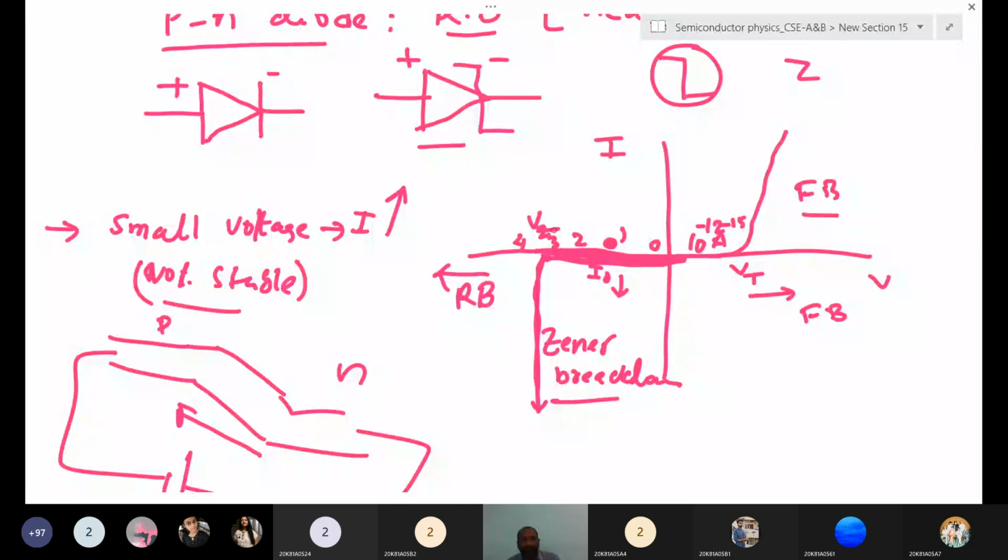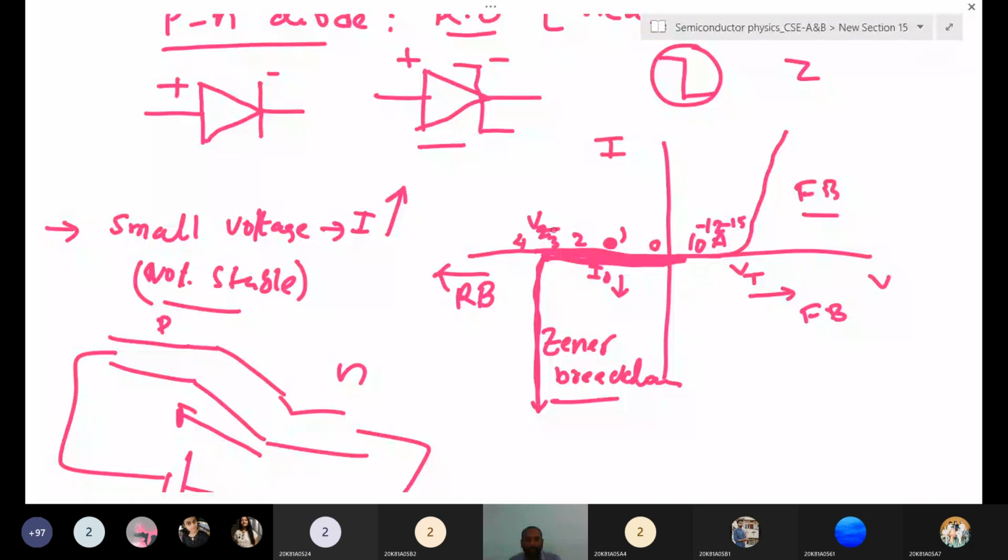Beyond this breakdown voltage, even a small increase in voltage produces a huge amount of current in the circuit. This current is mainly due to electrons in the p-type semiconductor breaking bonds in the valence band, and instead of going to the conduction band of the same p-type semiconductor, they tunnel through the narrow depletion width to the conduction band of the n-type semiconductor.